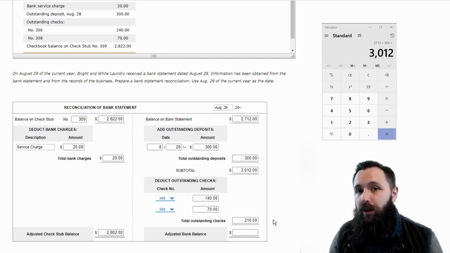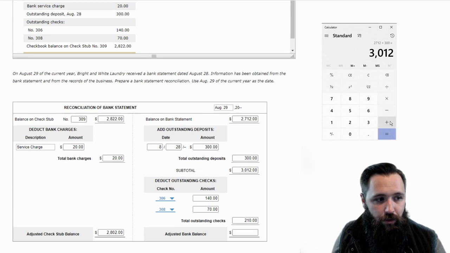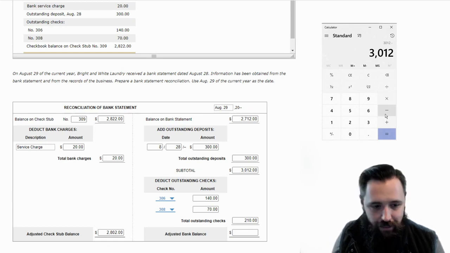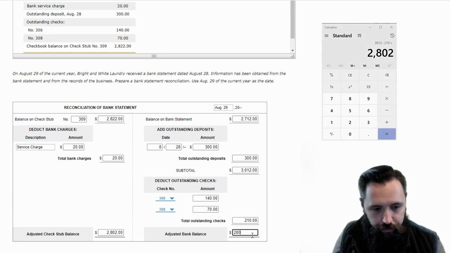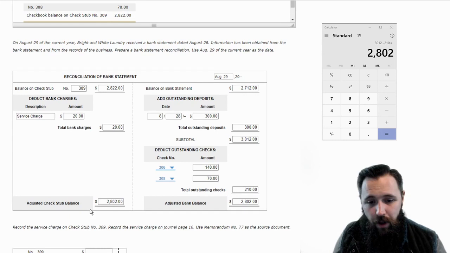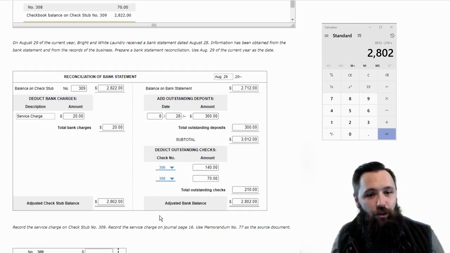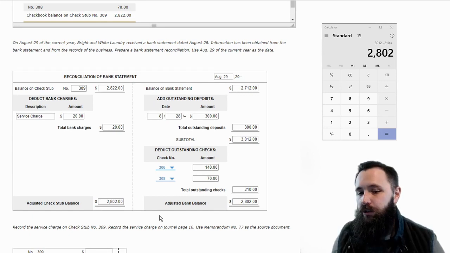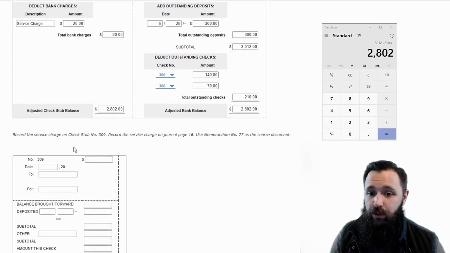That is money that we've already technically written off of our records. So we need to subtract that amount. 3,012 minus 210 to get 2,802. There we are. Now, does our adjusted check stub balance match our adjusted bank balance? Yes, it does. That's the control that we're looking at. We need to make sure those numbers match. So next, it says record the service charge on check stub 309.